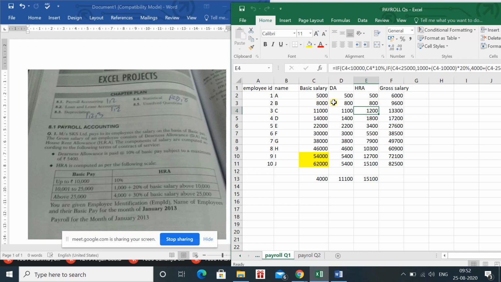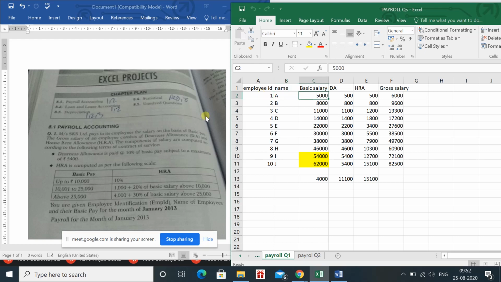I have already solved this question, but don't look at these DA, HRA and gross salary. You just assume that employee IDs are 1, 2, 3, 4, 5, 6. This is all imaginary, and the names of the employees are also imaginary. You can take any name.